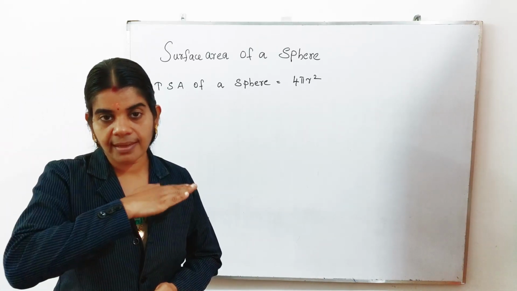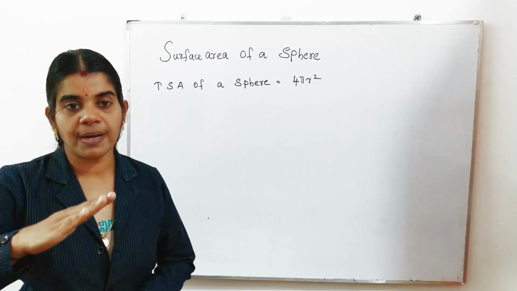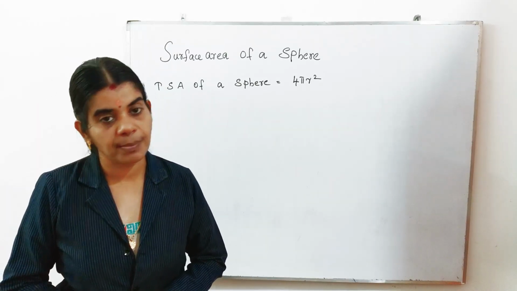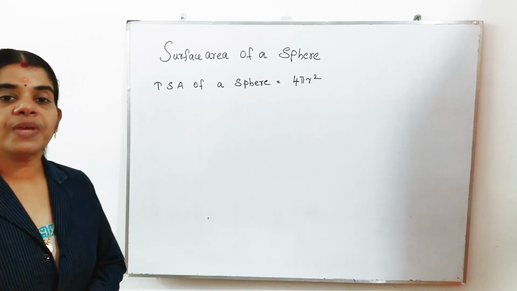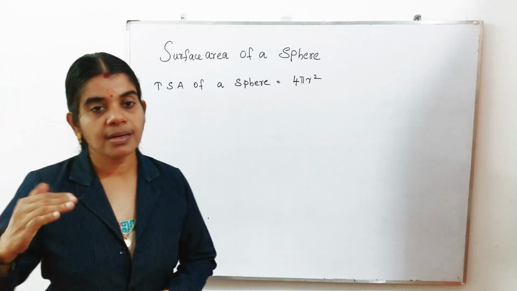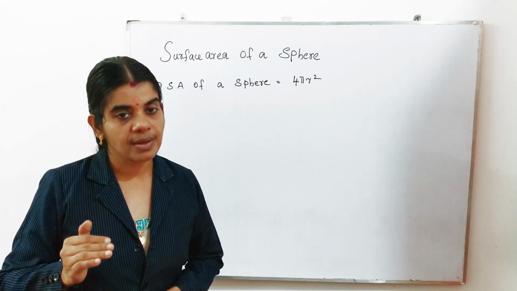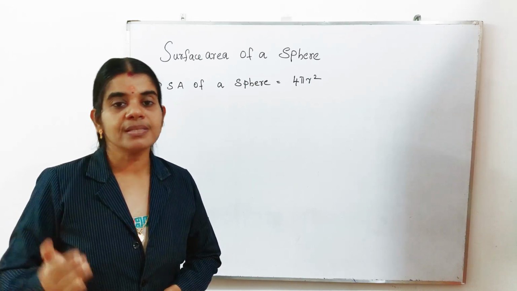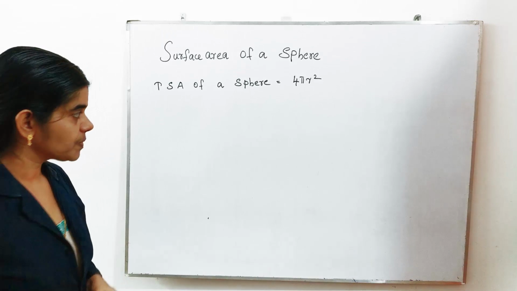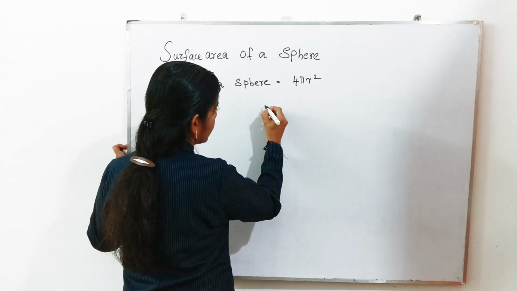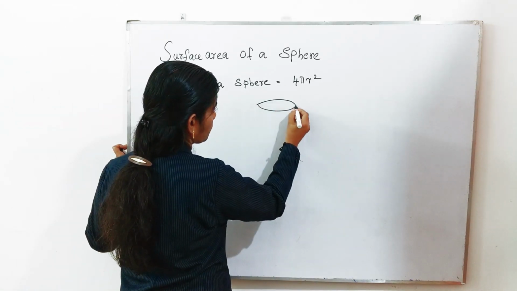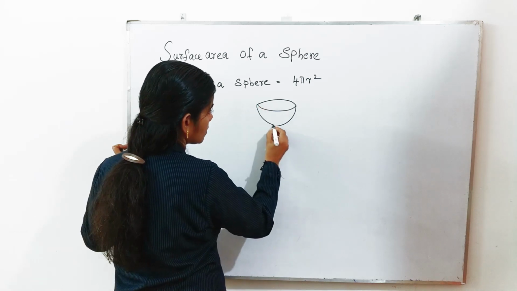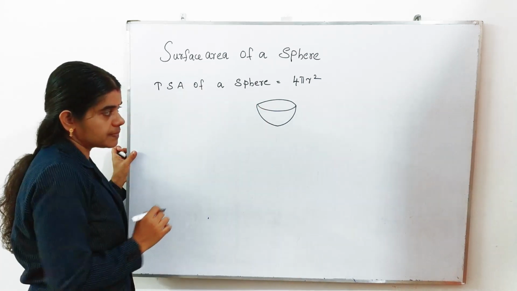Suppose that we are cutting a sphere into two equal parts. Each one is known as a hemisphere. In the case of a hemisphere, we are considering lateral surface area or total surface area of a hemisphere also. Suppose that this is a hemisphere.